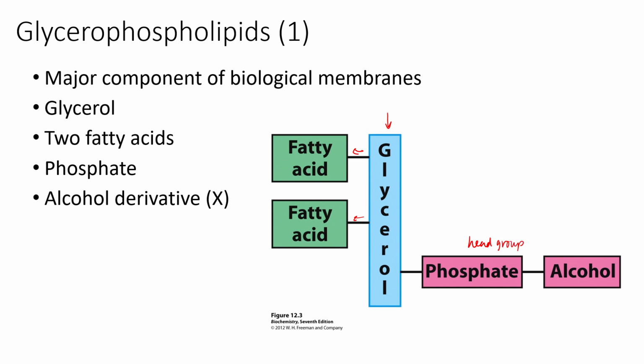And so phosphate groups, as we know, are charged and negative. Alcohol groups are polar. So this whole end of the glycerophospholipid molecule is polar. And it's also hydrophilic. And that's very different from our fatty acid end of the molecule, right?